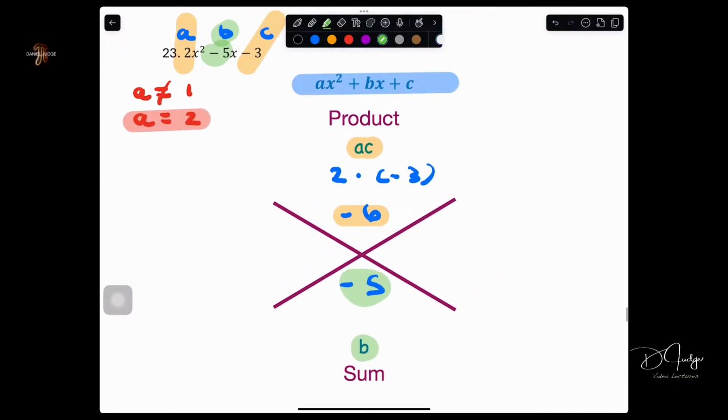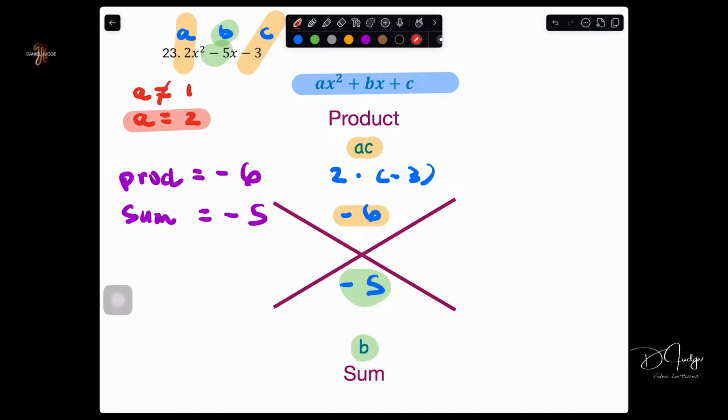And we're going to go through the same exercise that we have been going through. Meaning we need two numbers whose product is negative 6, whose sum is negative 5. We need those two numbers. And I'll write it down again. Product, negative 6. Sum, negative 5.